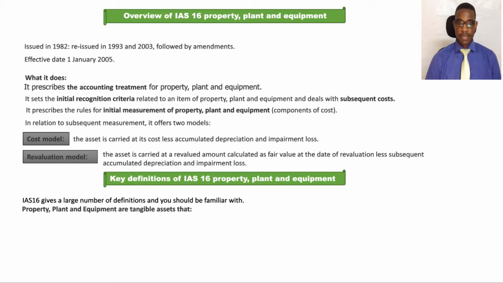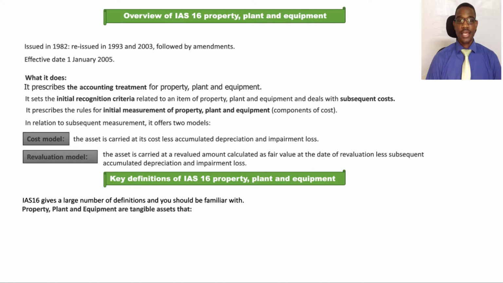Before I explain anything, please bear in mind that there are two types of assets: tangible assets and intangible assets. Tangible assets are the assets that we can touch or move. Intangible assets are those we cannot touch.